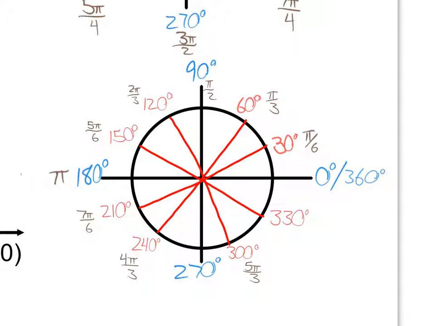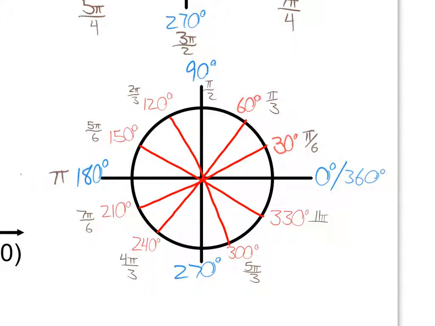And then 330. 11 pi over 6. It should be 1/6 short of a full 2 pi, right? Well, 2 pi would be 12 pi over 6.